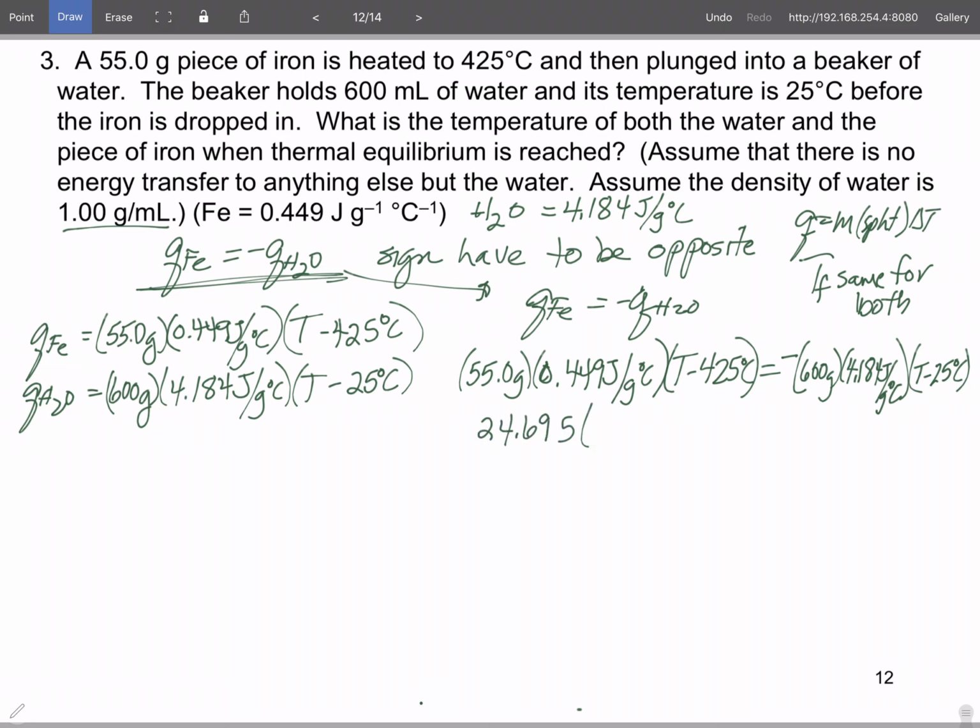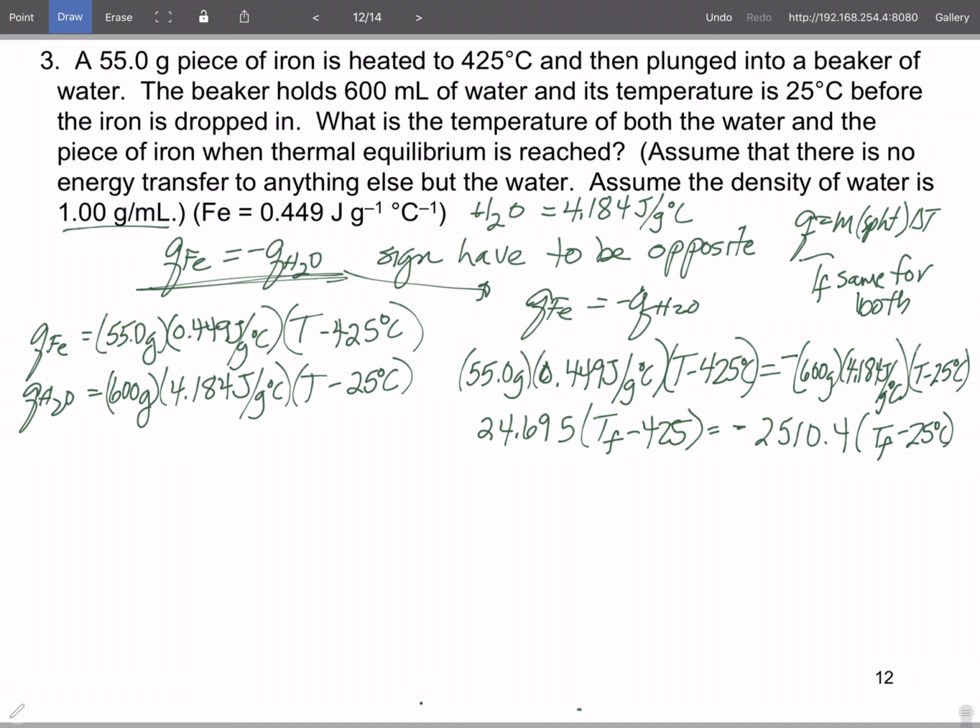24.695 times T final minus 425 is equal to negative 2510.4 times T final minus 25 degrees C. Everybody's usually with me to this step, and then this is where it gets ugly.